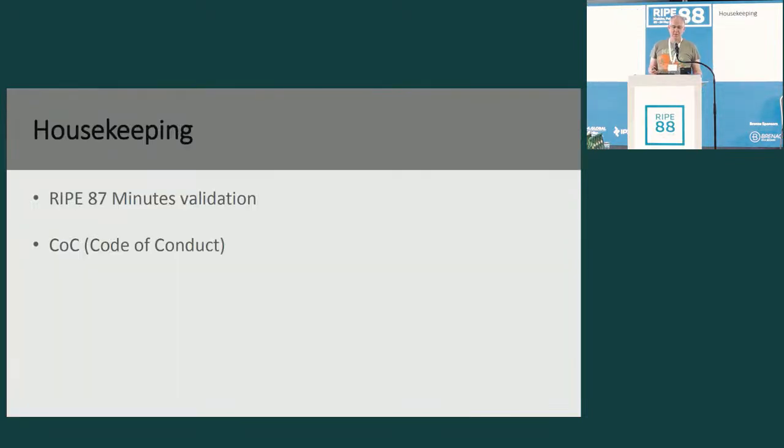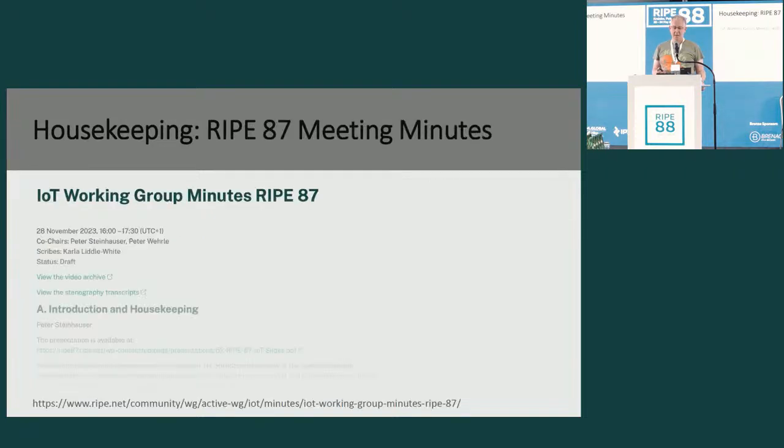First of all, from the housekeeping, we have validated the RIPE 87 minutes. They were distributed on the email list, and there was no objection to this. And of course, we also have this meeting under the code of conduct. So if there's any discussion, please let's take it under these conditions.